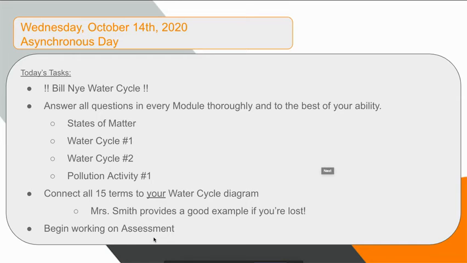Remember, your assessment is just the water cycle assessment, so you are telling a story of a water droplet that is moving through the water cycle. And you're targeting a late elementary school student, someone who may be in 3rd, 4th, or 5th grade. If you have a younger sibling, that's great. You can think of them. If you have some neighbors around you, you can think of them as well.